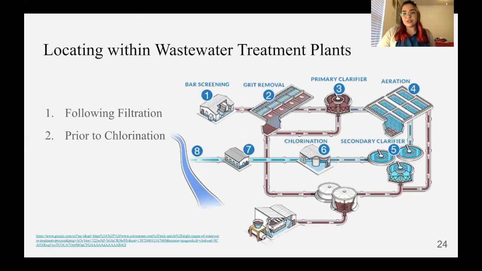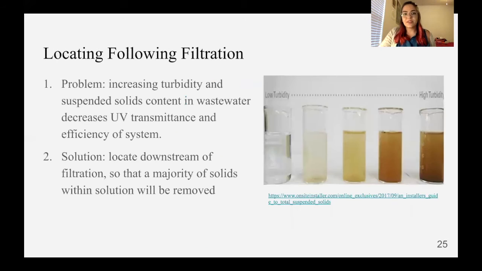The first concern that we had is where we are going to place this in a wastewater treatment facility, and we came to 2 conclusions. One, that this treatment technology had to be following filtration and also had to be prior to chlorination. We want it to follow filtration because of the turbidity and suspended solids in the wastewater streams, which can reduce the UV transmittance and therefore also the effectiveness of the degradation.